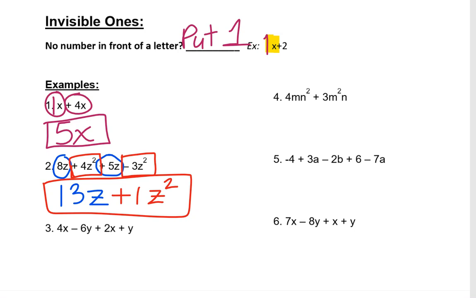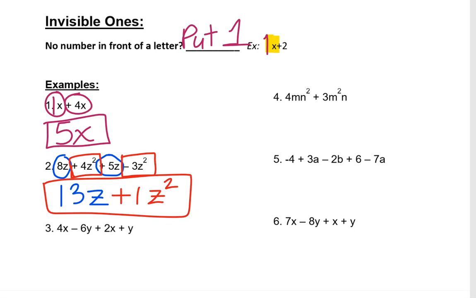Also, notice that in my final answer in front of the 1, I put a plus sign. The reason for that is because when I did 4z squared minus 3z squared, it gave me 1z squared, which is positive. So I need to put that plus sign there. If I do not put that plus sign there, my answer is going to be wrong. So make sure you are being very careful with your signs.